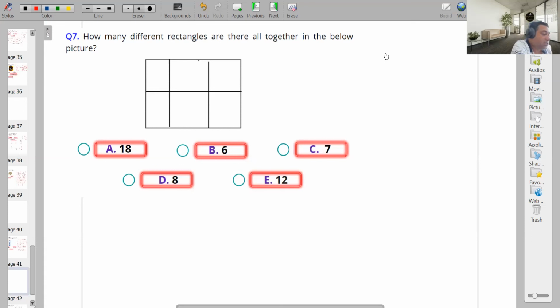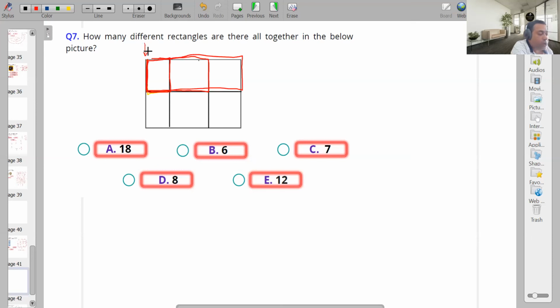Let's understand what happens for a rectangle. If we start from this line here and try to make a rectangle, you have one rectangle like this, then two rectangles like this, and then three rectangles like this, in the top row.